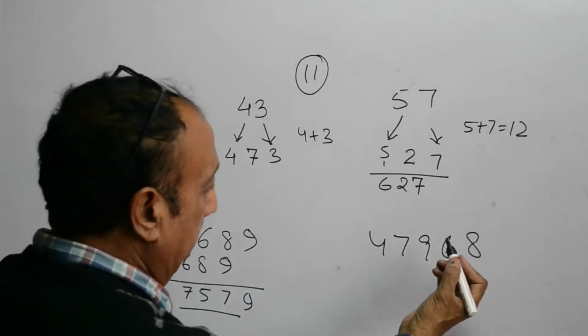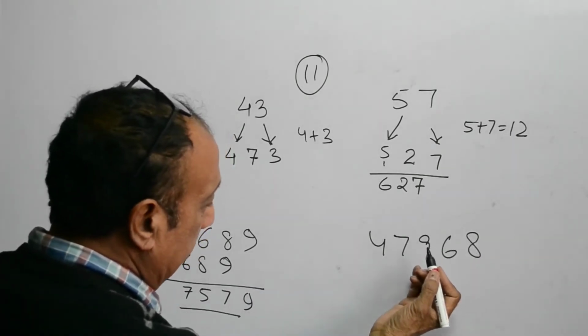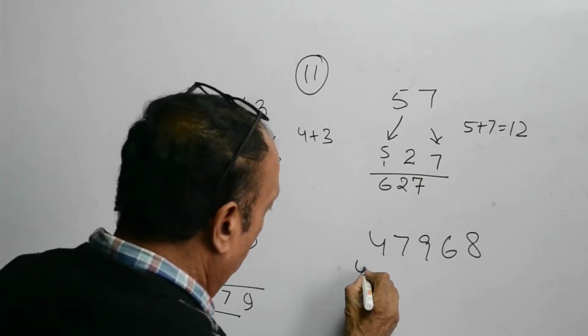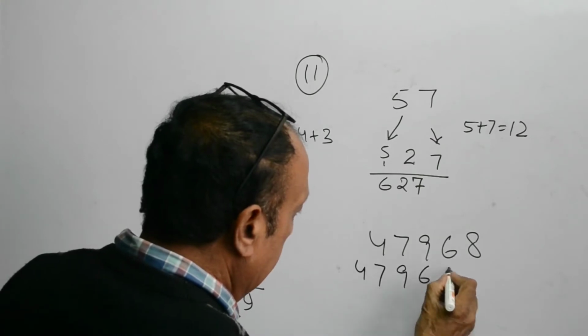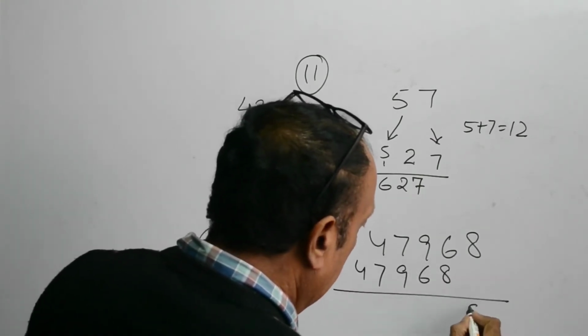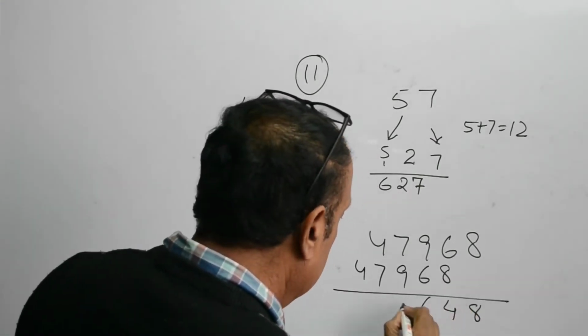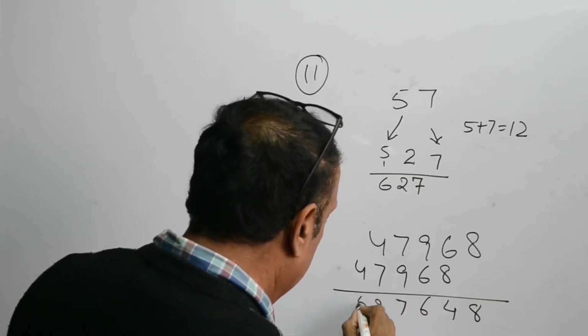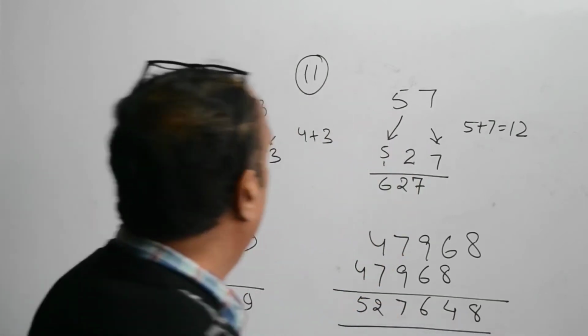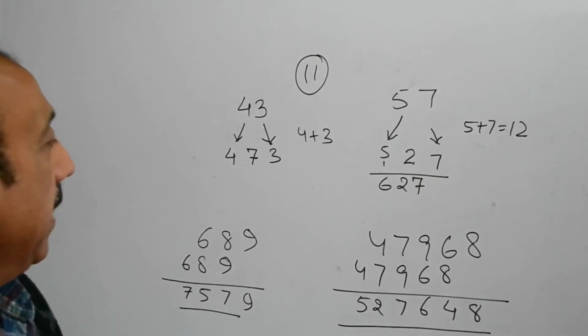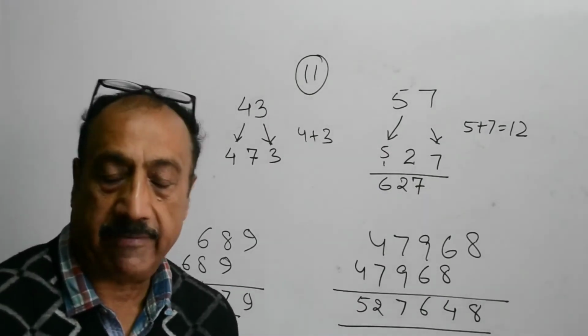Write the same number by shifting the number by one digit towards the left. 4, 7, 9, 6, 8. Add it up, 8, 14, 16, 17, 12 and 5. So this is the fastest method of multiplying any number by 11.